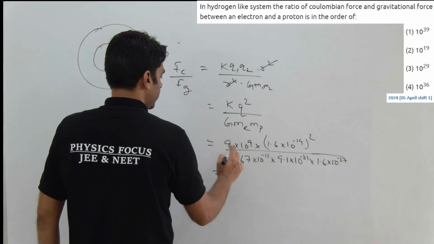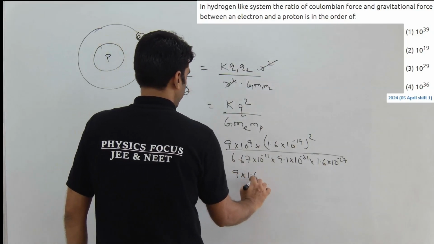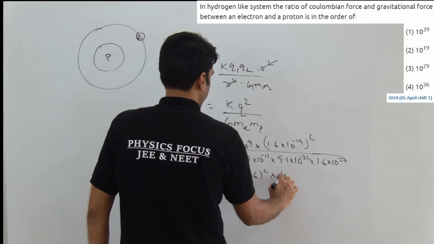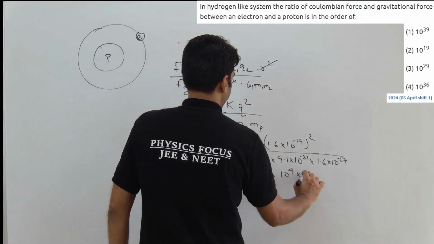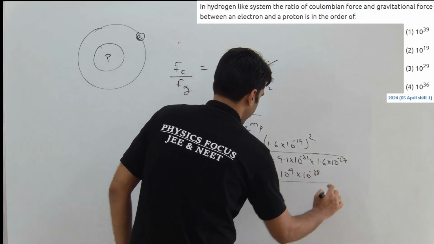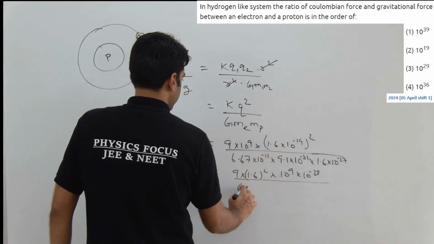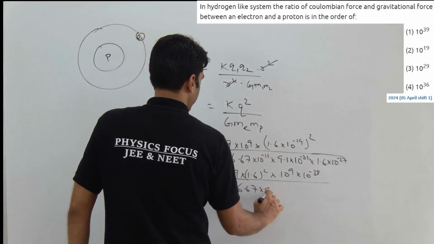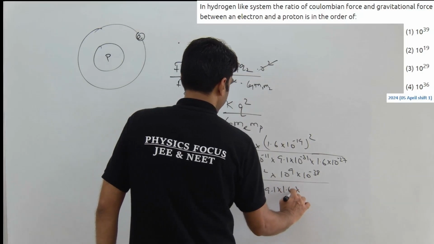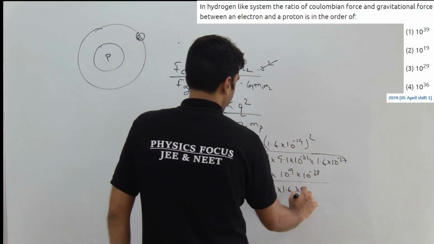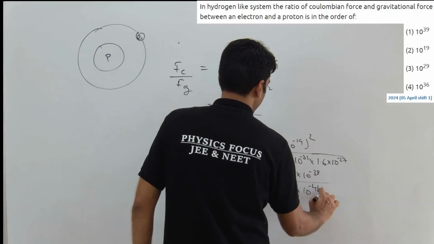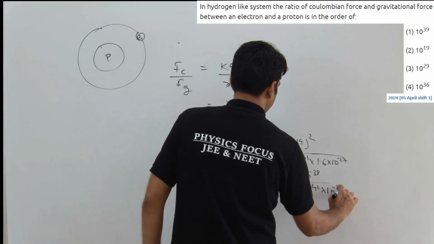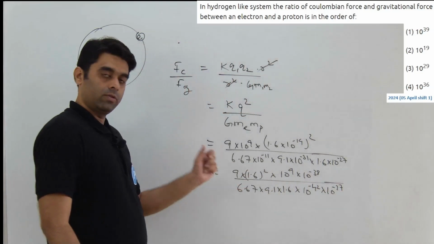So if we write it, in the numerator 9 into 1.6 whole square, 10 power 9 into 10 power minus 38. In the denominator, we can write 6.67 into 9.1 into 1.67, into 10 power minus 42 into 10 power minus 27, right? This is what we are getting.